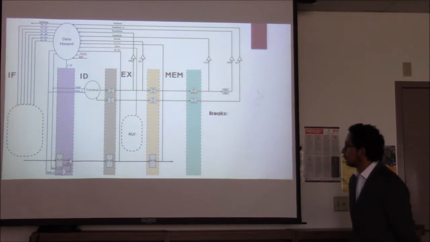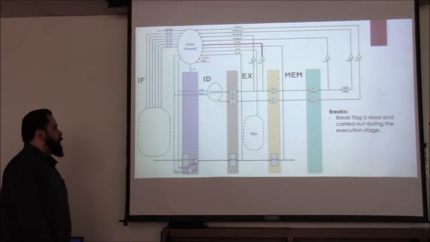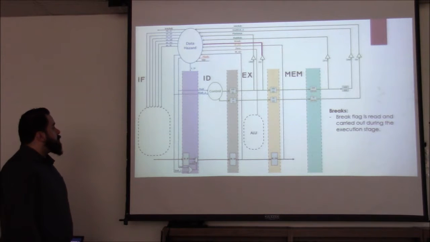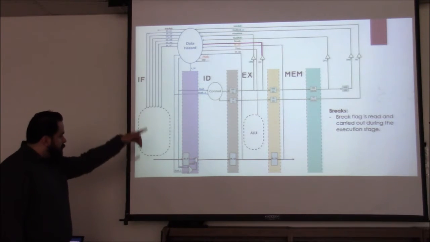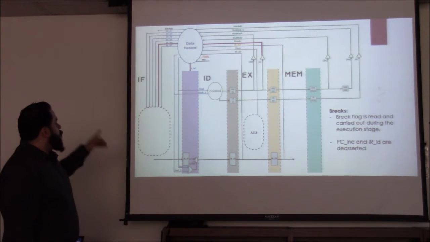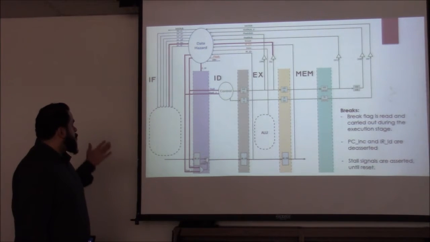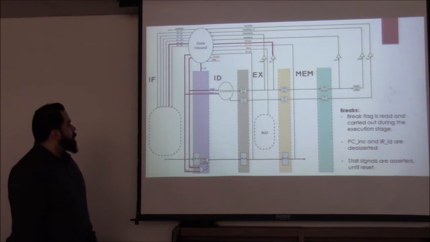So the next one we're talking about is breaks. The break flag is read and carried out during the execution stage. During that time, the PC increment and the IR outload are deasserted, and the stalls are asserted until we get a reset because of the break.